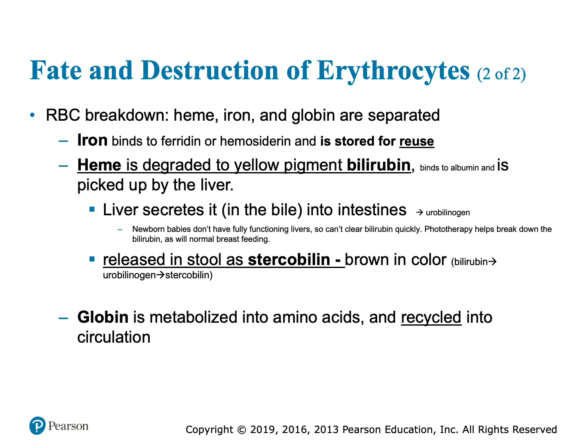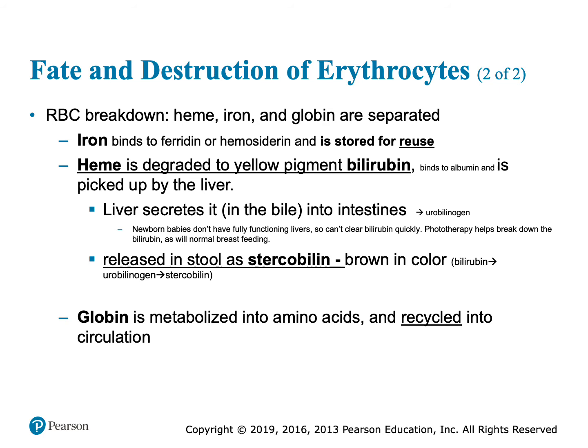So the iron is going to get reused. The heme is going to be broken down into bilirubin, which is yellow. You know, when somebody is jaundiced, they're yellow. But that's okay because it's going to go through some more processes. Maybe it's going to get secreted in the bile, or maybe it's going to go into the intestines, and that's where the brown color comes from.